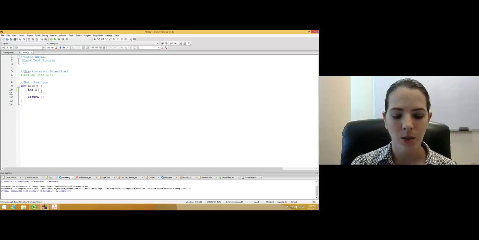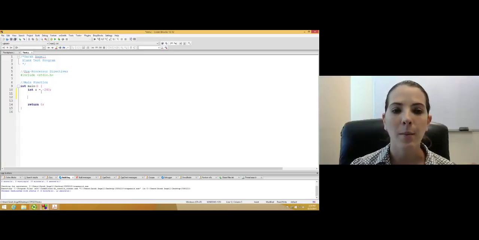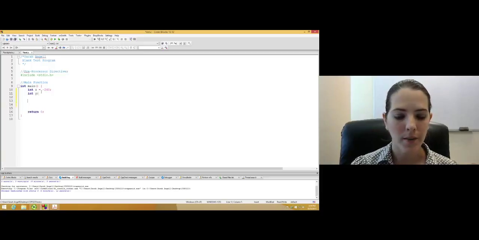Say we do some integer value x that is negative 240. If we were interested in the absolute value, we might have a separate value y, where y is the absolute value of x.